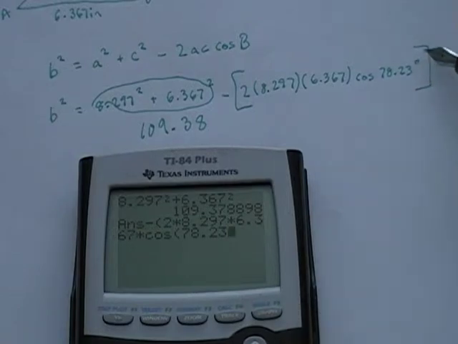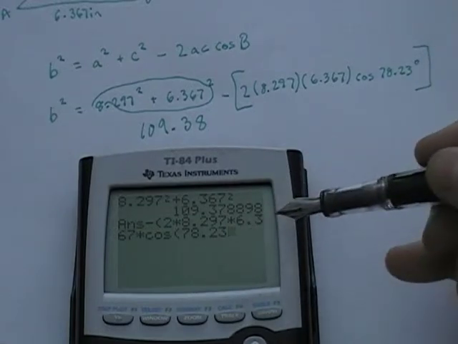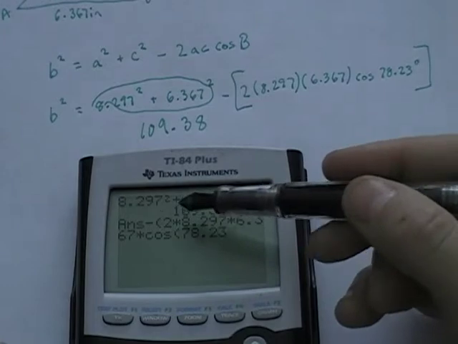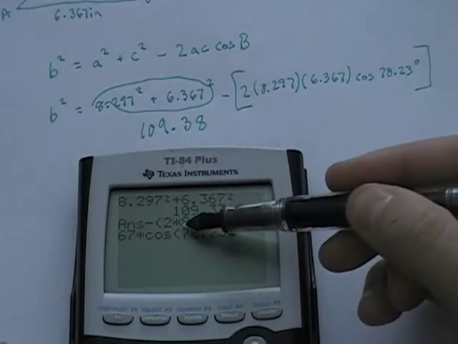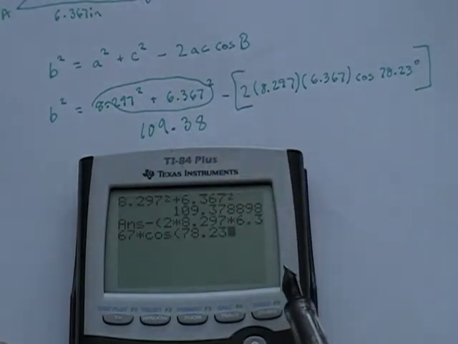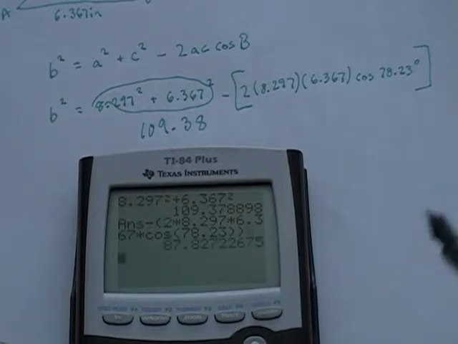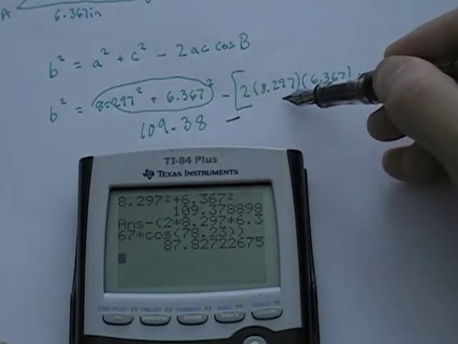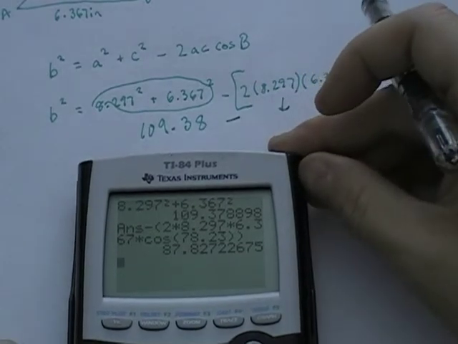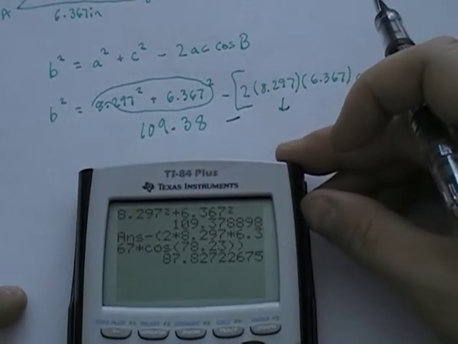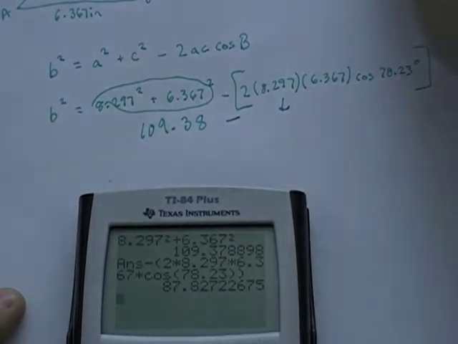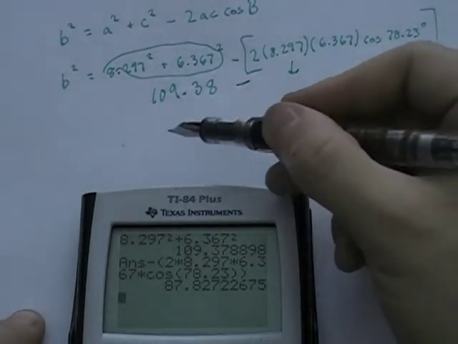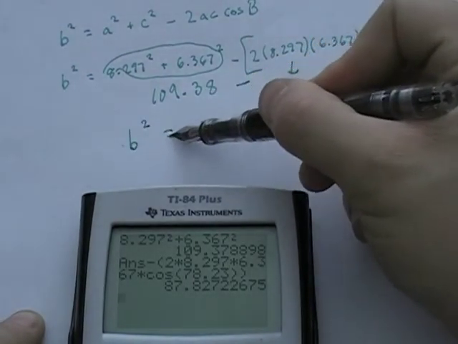Now, since this is in degrees, you want to make sure you're in degree mode. Notice I opened a parentheses and the cosine function opened a parentheses. So I need to close not one but two parentheses and press enter. Okay, and that's going to take all of this and subtract it from that 109. So minus this guy. And that gives me a total of 87.827.